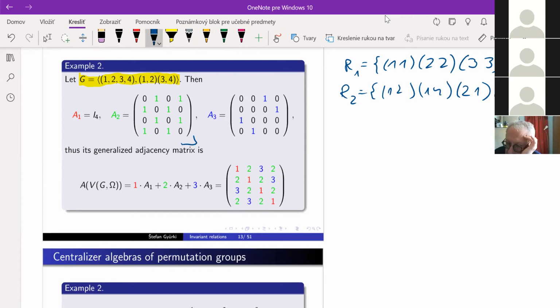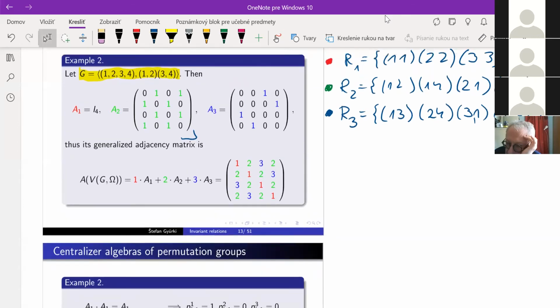You can read the full information from the adjacency matrix of the corresponding two-orbit. And we also have a third two-orbit, which is formed by these pairs. Now to each two-orbit I assigned a color. I said that the first two-orbit will be red, the second will be green, and the third will be blue.